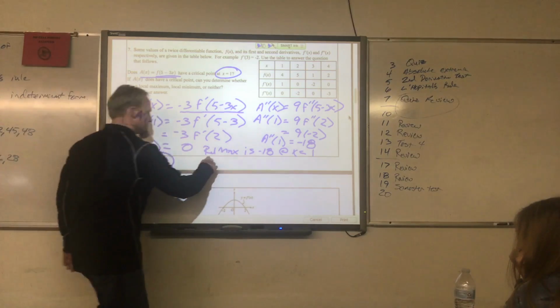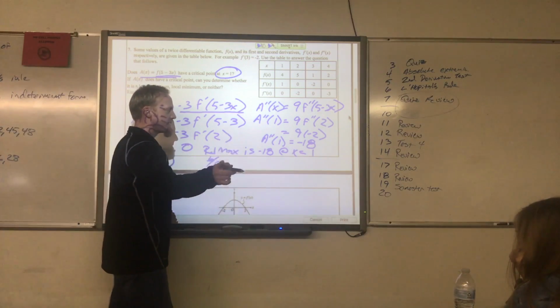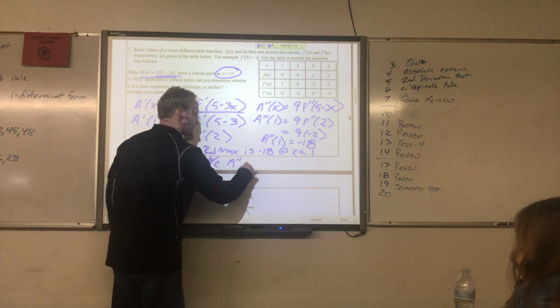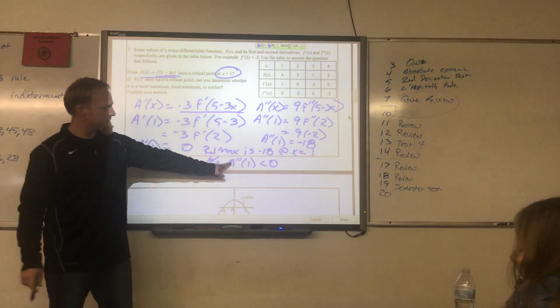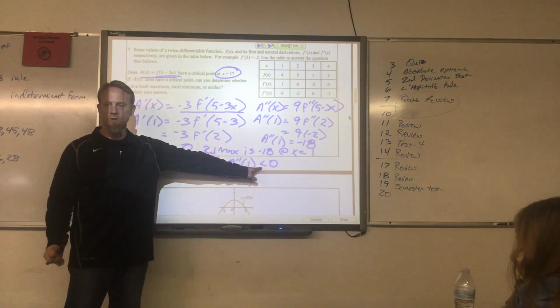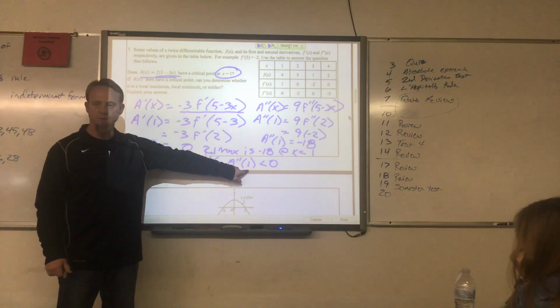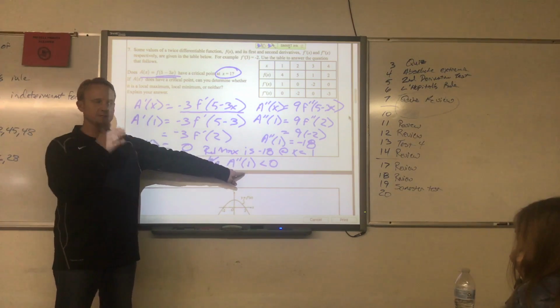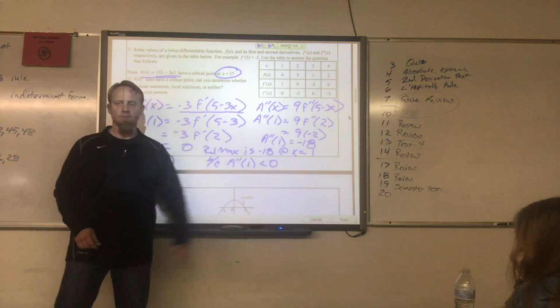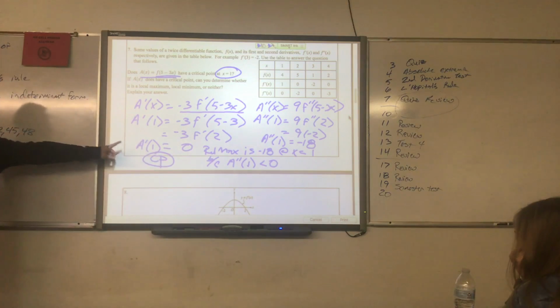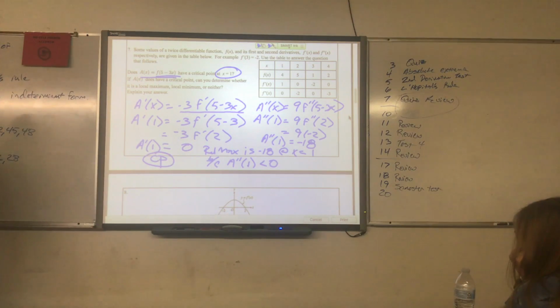Well, okay, I'm glad you said that, because here's something else you guys forgot to do. A lot of you just said g double prime is less than or greater than 0. You have to put this value in here. If we're talking about a specific spot, you have to put that in there. Now, what's wrong with this statement? Because a lot of you screwed up with what's up there.